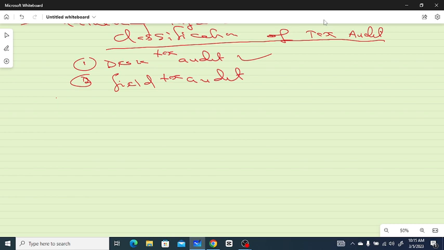Where the tax inspector issues queries on the returns filed by the taxpayer, requesting him to forward additional information and some documents to the tax office, or even appear in person to clarify some issues in the returns, that is also called desk tax audit. And if even after the taxpayer submits all this they are not okay with the tax returns, then they have to move to field tax audit.